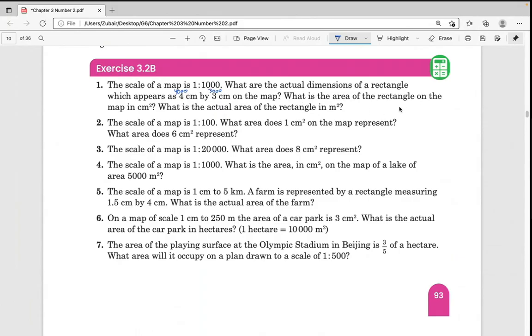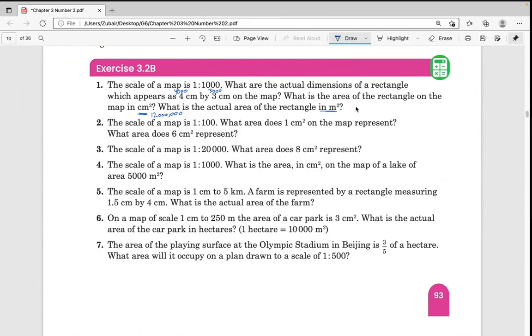What is the area of the rectangle in centimeter square? Length into breadth, 4000 times 3000. So we have 12 and 6 zeros, like 12 million centimeter square.